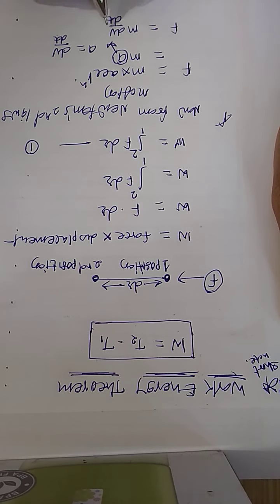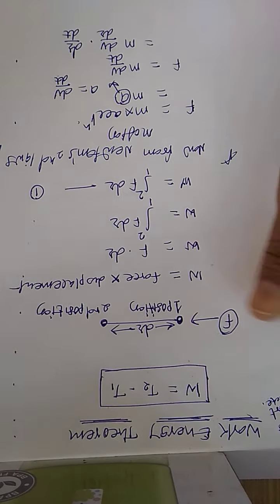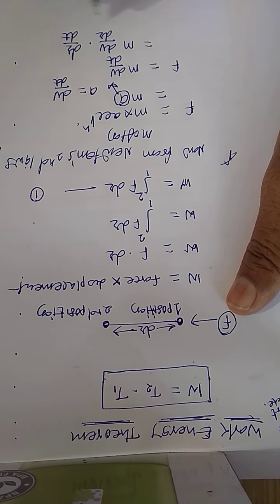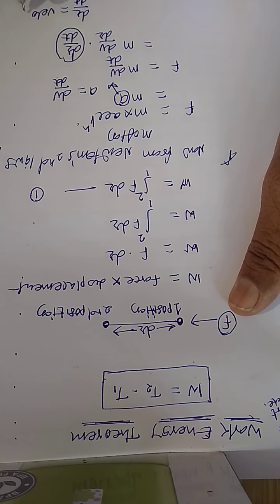Now multiply and divide by dr. That is, m into dv by dr into dr by dt. Put dr by dt, the rate of change of displacement with respect to time, which is nothing but the velocity v.